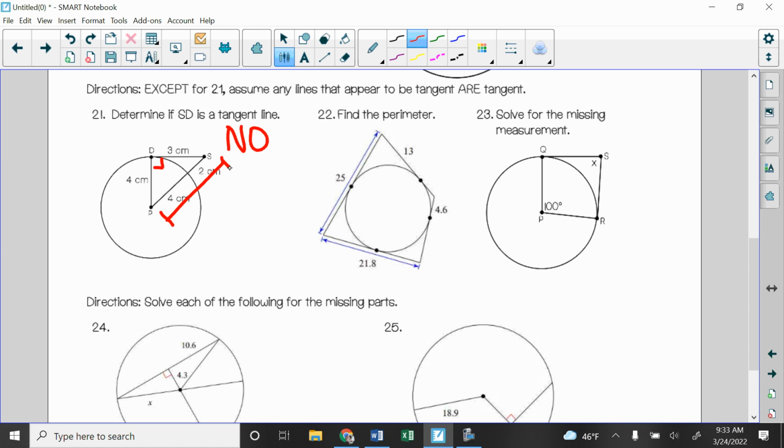How long is that whole side right there? 6. So you're going to do 3 squared plus 4 squared, and you're asking yourself, does it truly equal 6 squared? And when you do it, you get 9 plus 16 equals 36. Is this true? No. So the answer is no, it's not tangent.